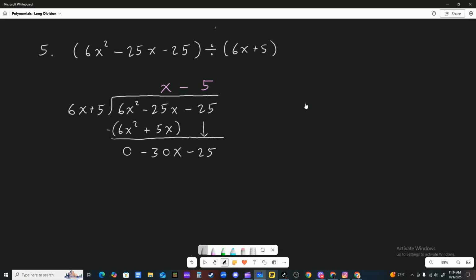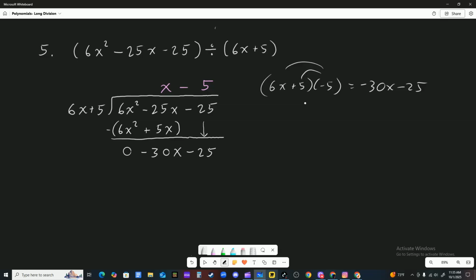Yes, that'll give me negative 30. So the 6x plus 5 times negative 5, right here off to the side. Get negative 30x minus 25. So far so good. Just making sure I wrote everything correct.